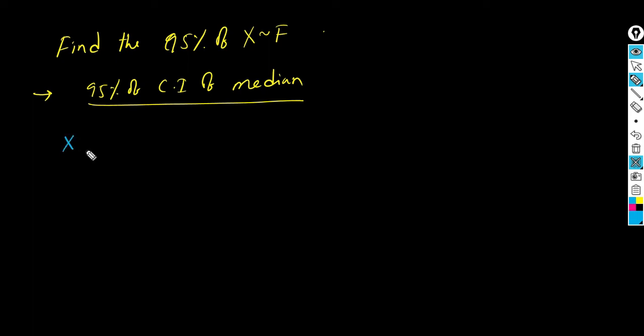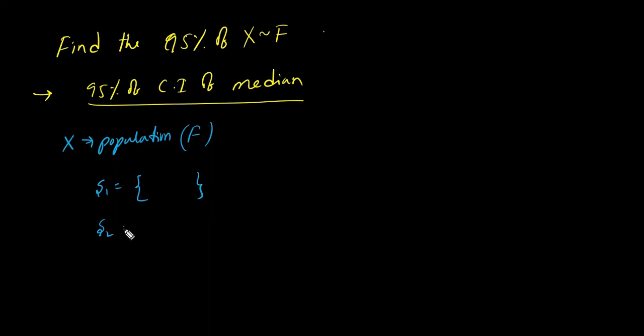Now we have the data X. It's the population data of the distribution F. Now we will take a subset of data S1. The subset of data contains some points. Similarly, S2 also contains some points, similarly Sn.